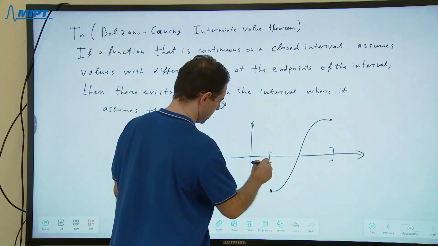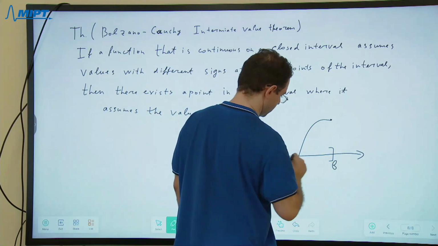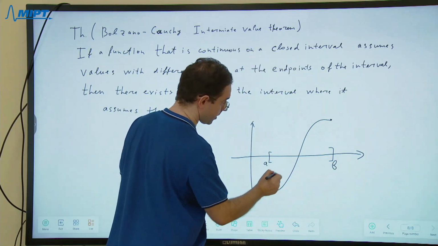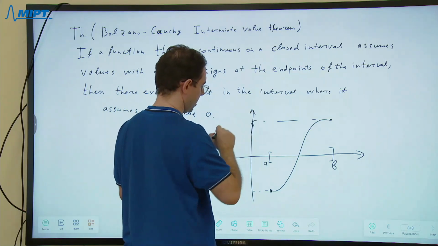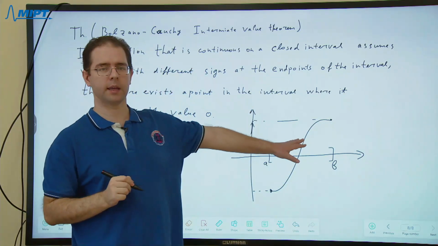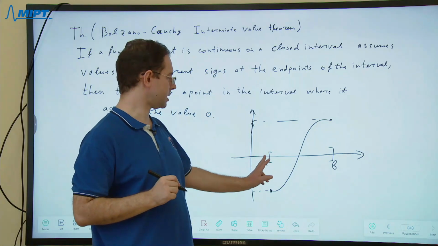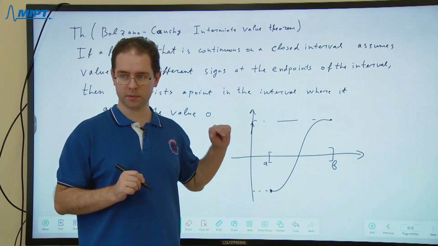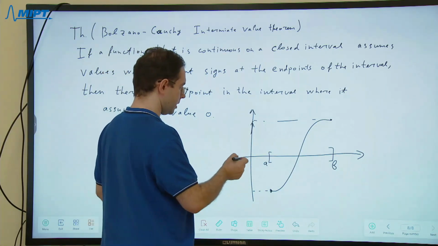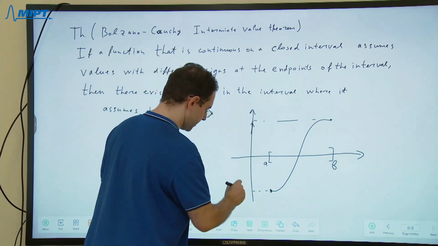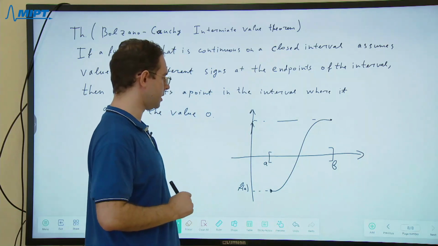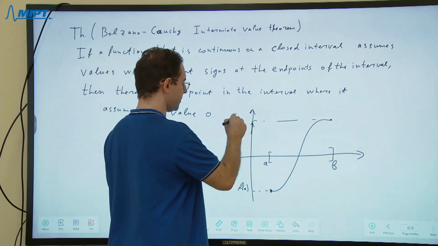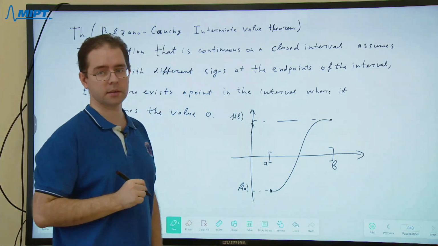So, this is a picture. I have a function continuous on a closed interval from a to b, and this function assumes a negative value f of a on the left side of the interval and a positive value f of b on the right side.